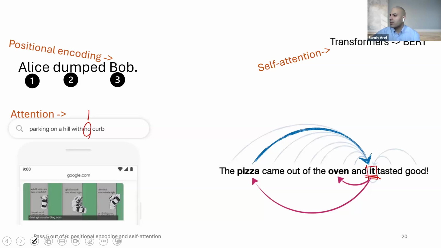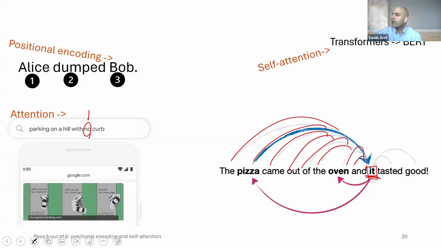So when the model is processing the word it, there will be some information added from every other word in the input.